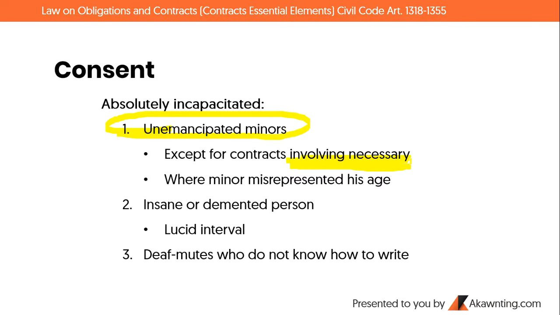Or, when the minor, when entering into a contract, misrepresented his age. Nagloko siya, di ba? Sabi niya, 18 na siya pero hindi pa pala. So, it will bind him into a contract. So, actually, this is also called, what do you call this? Estoppel. He will be liable, di ba?